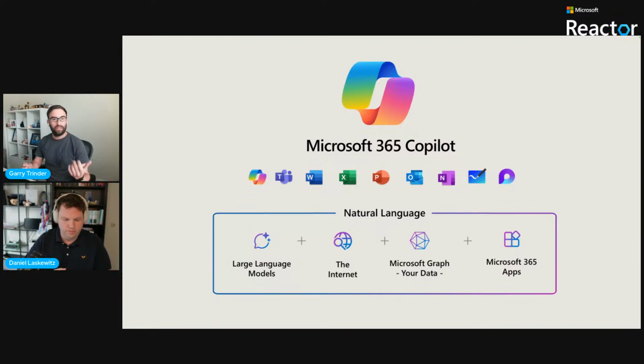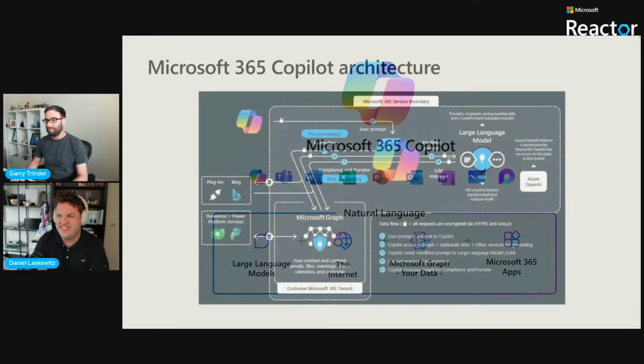Things like your calendar, your emails, the documents that you work with, that's all available within Copilot without you having to do anything about that. And as I mentioned, it's available in your Microsoft 365 apps as well. There is a Copilot in, I think, pretty much every app that we have now. If not, then I'm sure that gap will be filled.